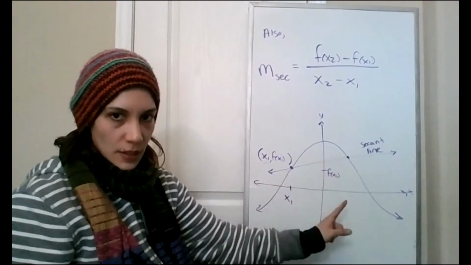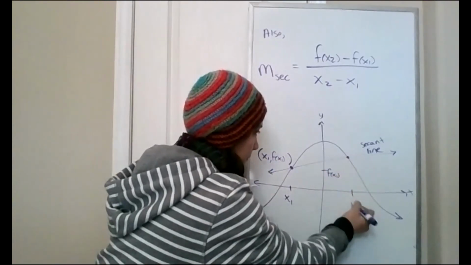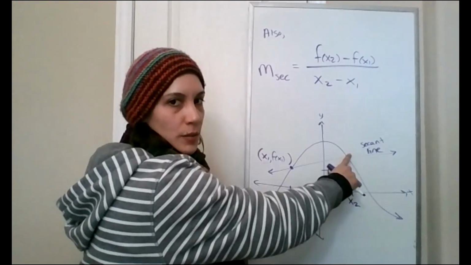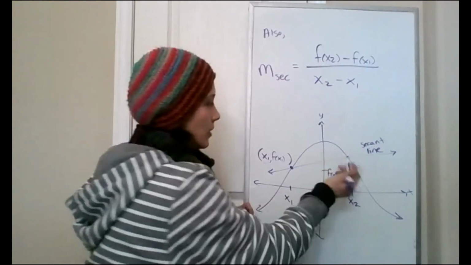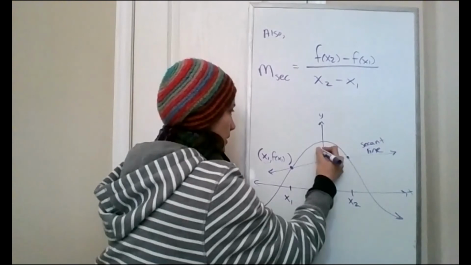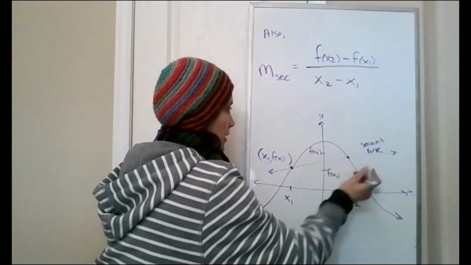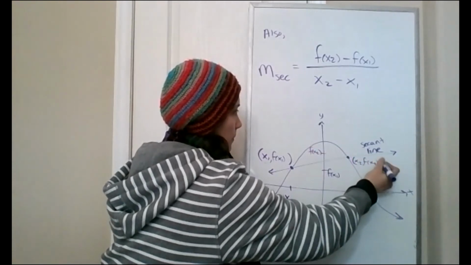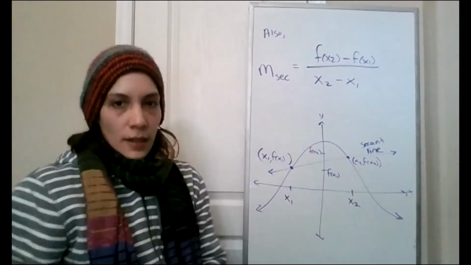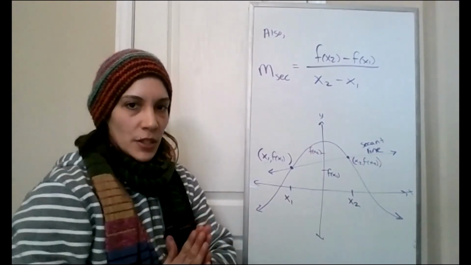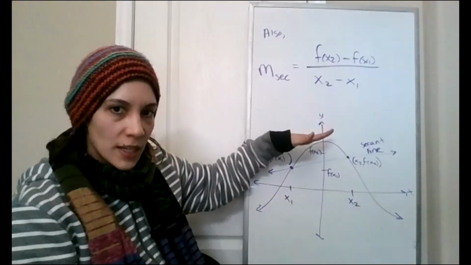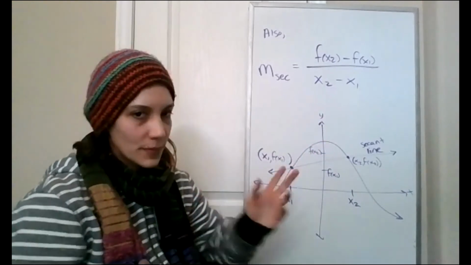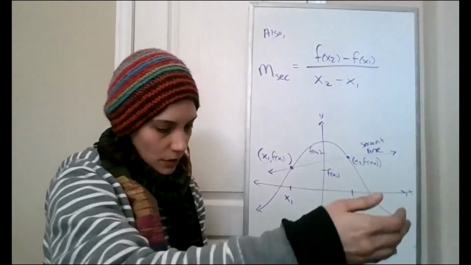Okay, we're going to call this x2. This point is (x2, f(x2)), which makes f(x2) some number right here. And we're going to label this point right here. So, as I mentioned earlier, we have a goal of finding tangent lines. We're going to get there by looking at secant lines and playing with those, and then see what comes up after that.